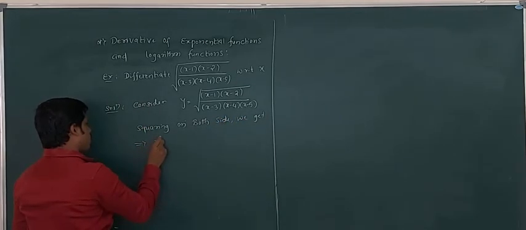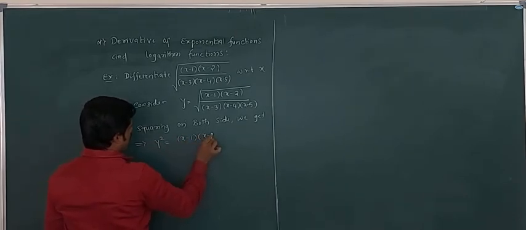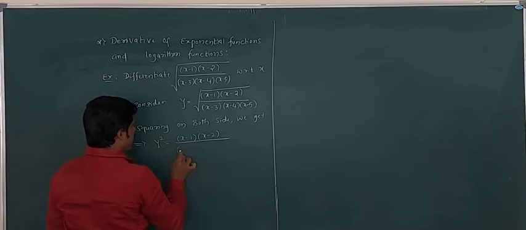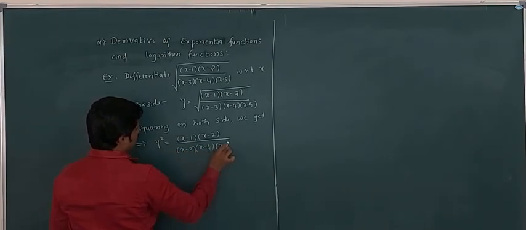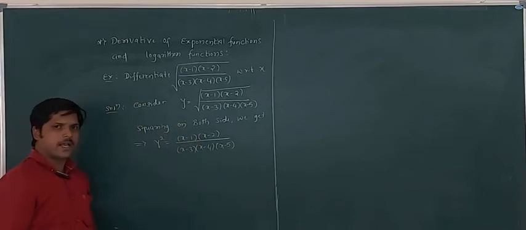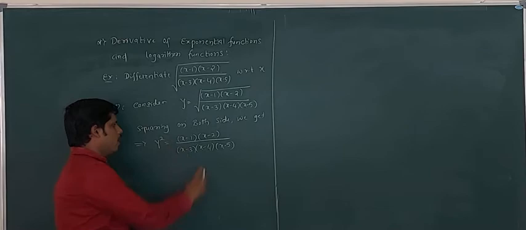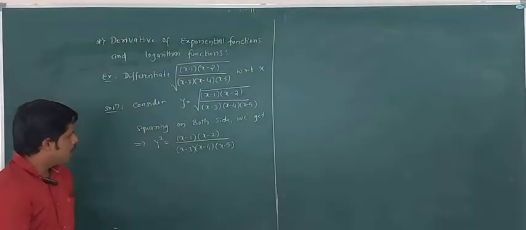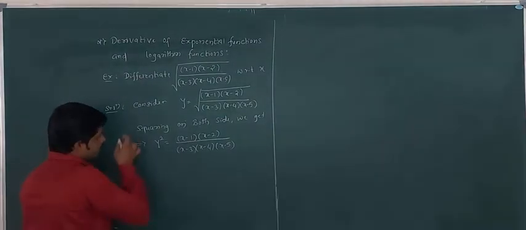LHS y square is equal to (x minus 1)(x minus 2) divided by (x minus 3)(x minus 4)(x minus 5). By squaring, the square root gets cancelled and the remainder is only (x minus 1)(x minus 2) divided by (x minus 3)(x minus 4)(x minus 5). Now take log on both sides.